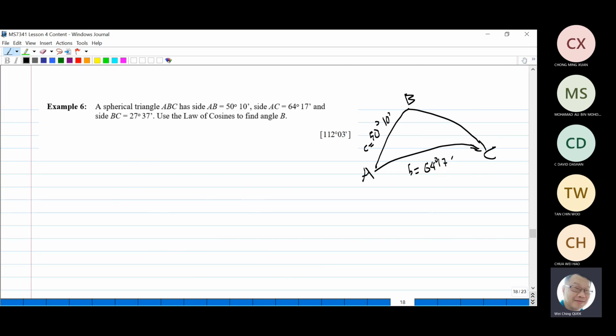And BC is side a, 27 degrees 37 minutes. So draw a triangle to understand the situation.